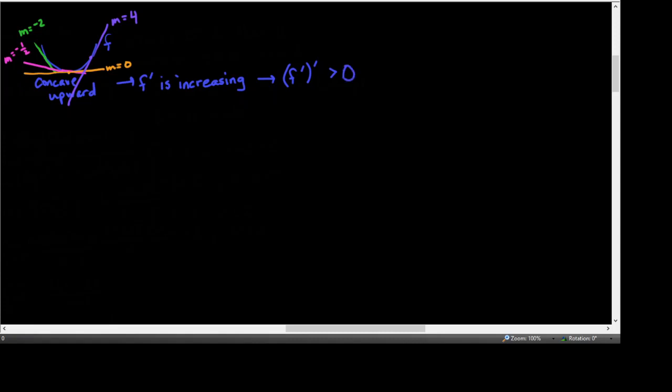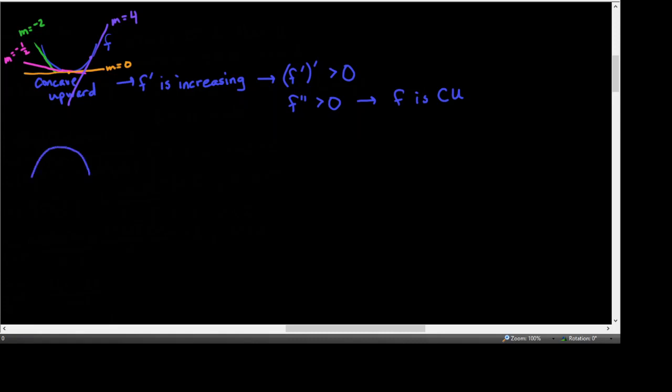That's what increasing of a function means, is its derivative is positive. Well, what is the derivative of the first derivative? Well, that's the second derivative. So if the second derivative is positive, that's going to imply that f is concave upward. And that's the abbreviation we'll use for concave upward.